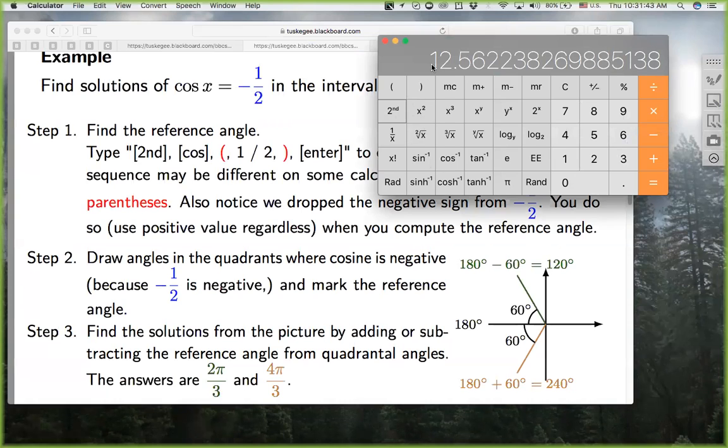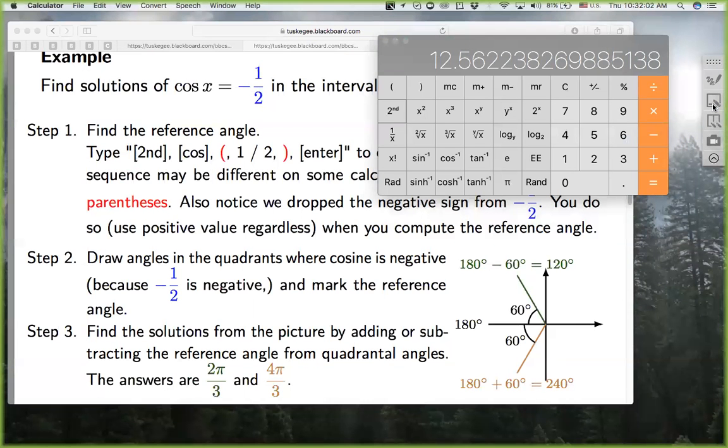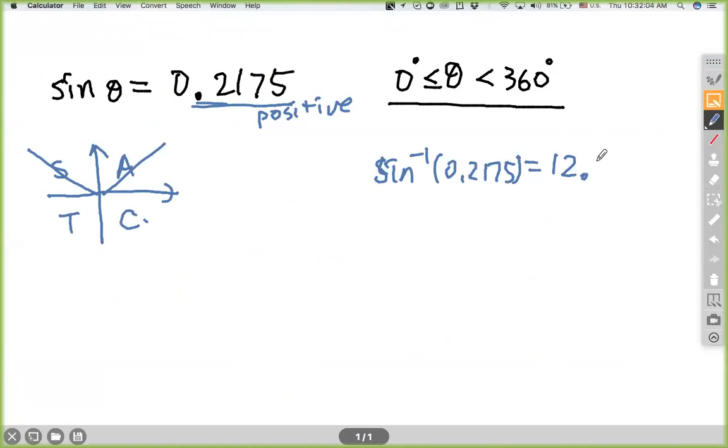Now we get 12.56 degrees. So inverse sine of this equals 12.56. So this is actually a reference angle.